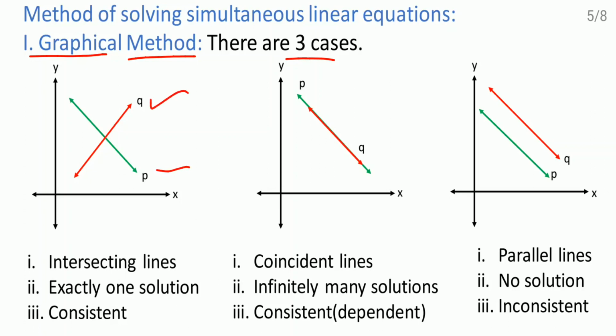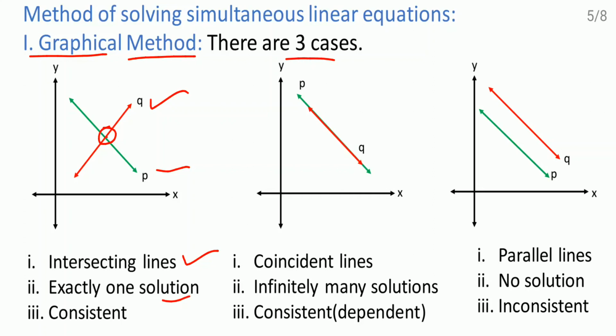I have just named the lines. That's all. Now looking at the line, easily you can make out the lines are intersecting lines. Correct. As they are intersecting, they are having only one common point. So here at this place only one common point is there. That means only one solution is there. Right? So here exactly one solution.